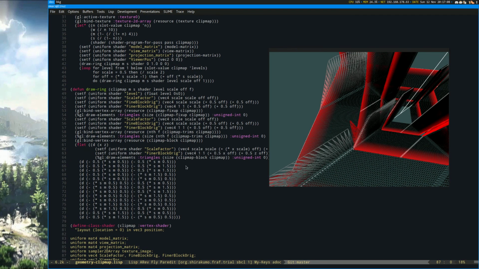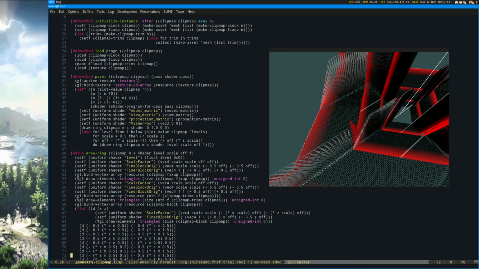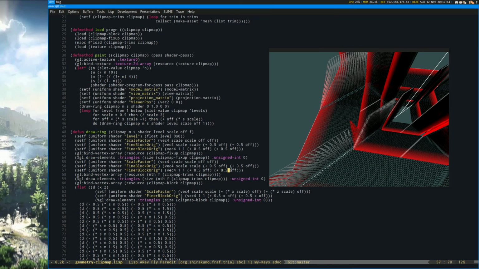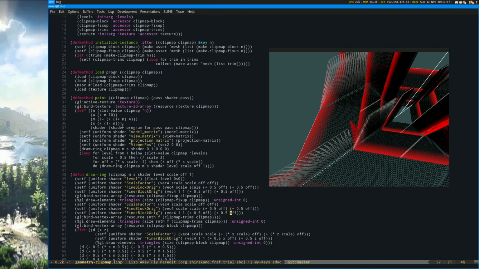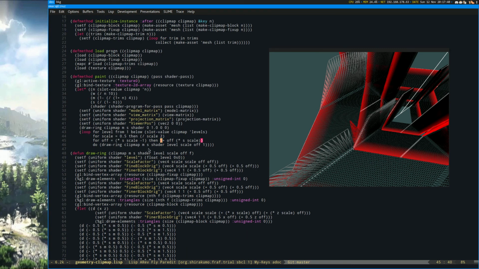So, hold on, where's the... So we have the off here. And off is what? So... First the off is 0 actually on the outermost, okay.